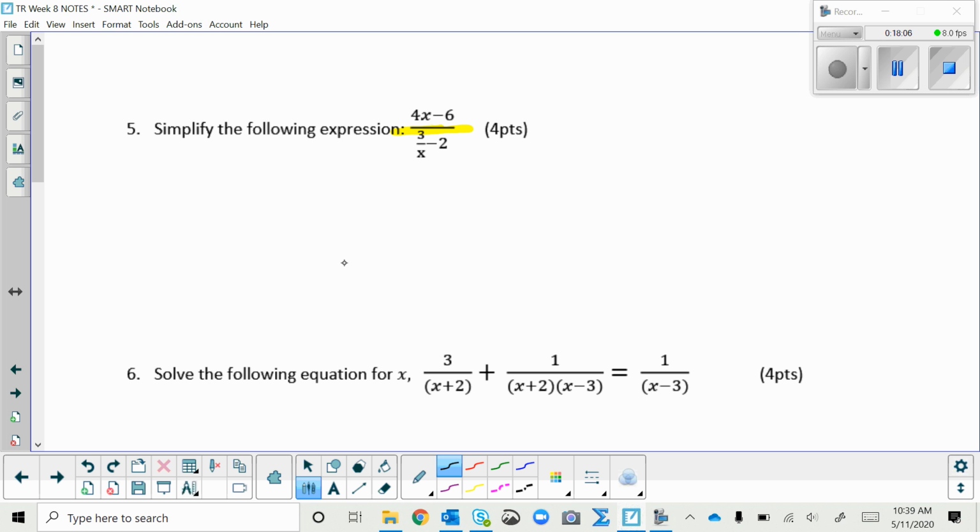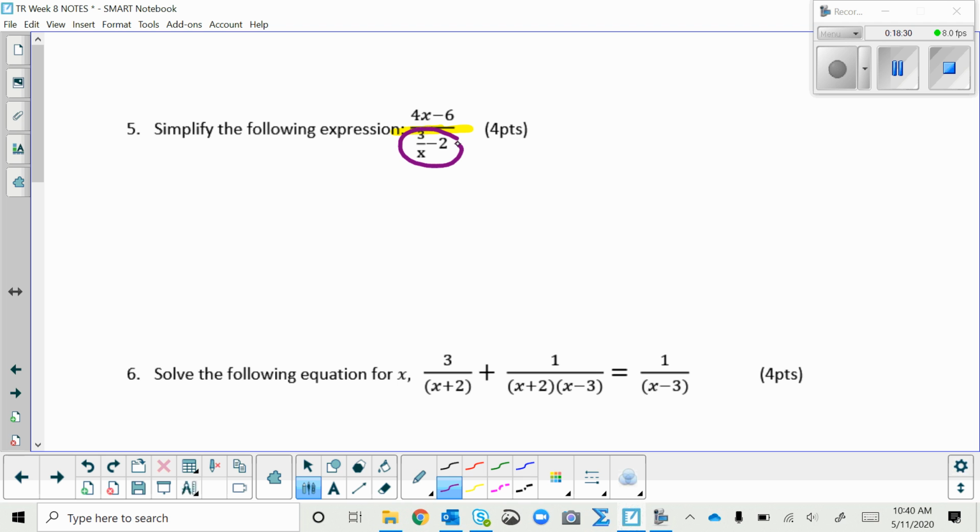Hold on one second. Actually, before we rewrite it horizontally, let's do this. We're going to just focus on this piece for a few minutes. 3 over x minus 2. Because if I were to do keep, change, flip, flip means you flip the thing that's on the bottom. But how do you flip 3 over x minus 2?